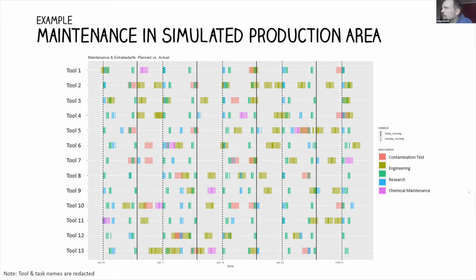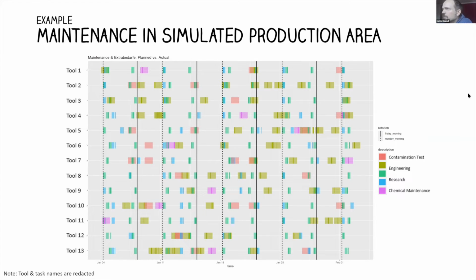So we try to simulate an entire area, and we don't account for just the products being produced, but for sure we also account for supplementary processes, in particular tool maintenance, because in most complex production processes, there's a lot of maintenance going on, and to properly understand the dynamics in such a process, you also have to account for them.